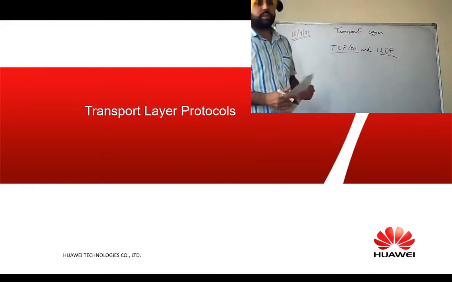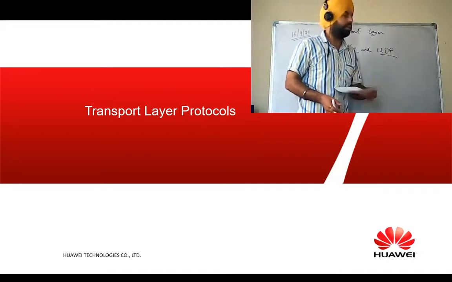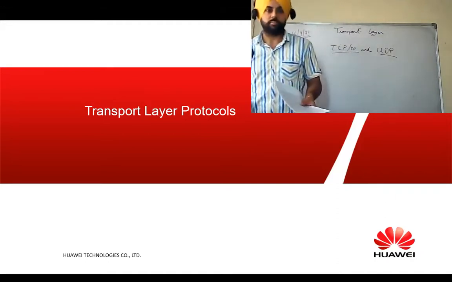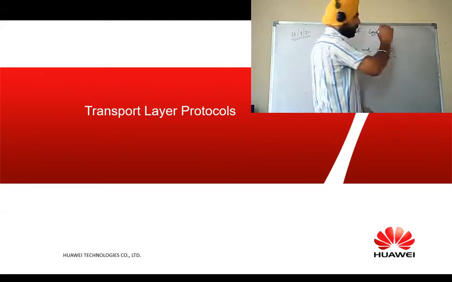Because we are talking about the transport layer, we are talking about transportation, how our packet will travel across the network. We have two different protocols here: one is TCP and the other is UDP.